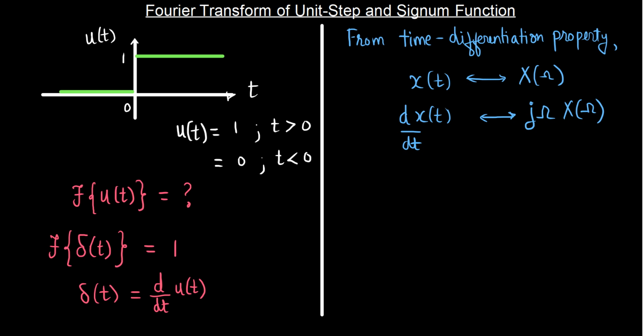We may now apply this property here. We know that the unit impulse is the derivative of u of t. So the Fourier transform of the derivative of u of t must be equal to j omega times the Fourier transform of u of t.